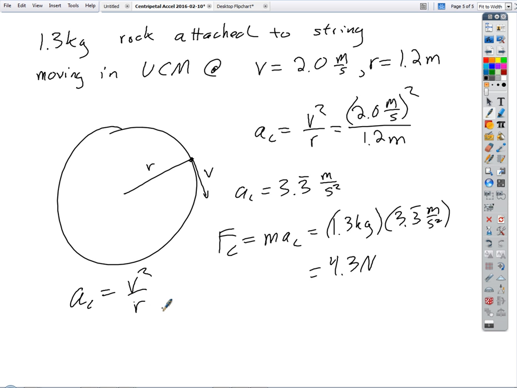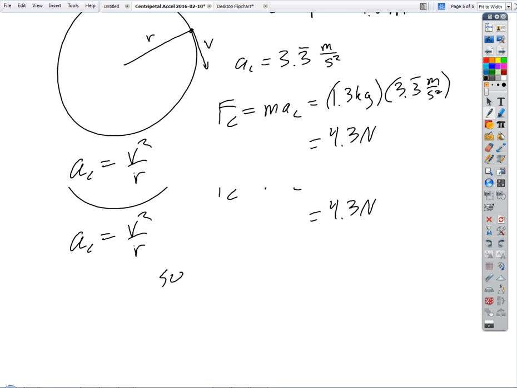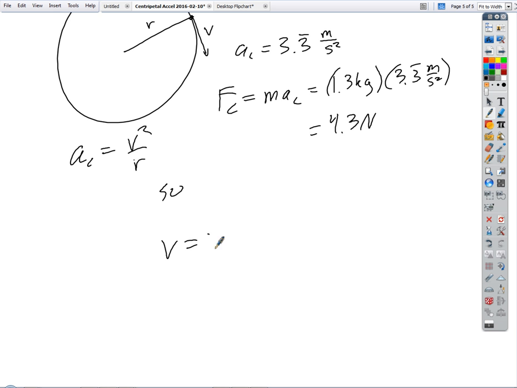So if we solve that for v, doesn't that just mean that v is the square root of centripetal acceleration times radius? So that's something that we could calculate, right? Because we knew what the friction was, and we can measure the radius of the racetrack. So this tells us what the maximum speed would be that we could travel at without skidding off the turn.